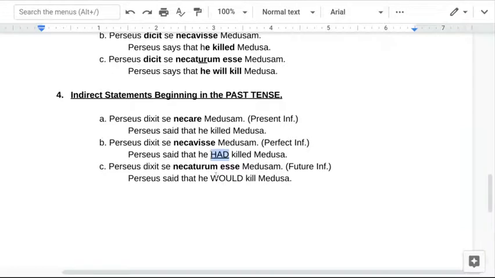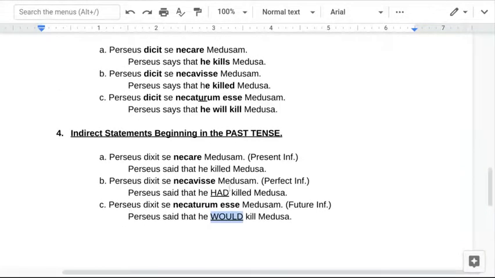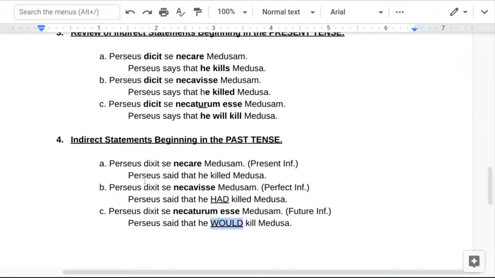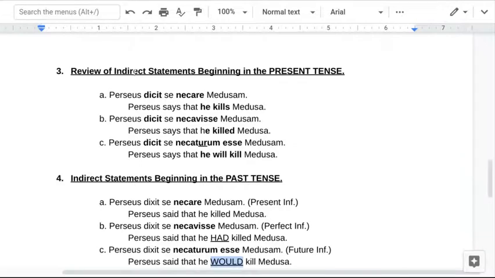All right, so I'll obviously upload these notes. This will turn into an Edpuzzle that you will answer questions to. But indirect statements essentially translate in six different ways: three ways when you begin in the present tense, and three ways when you begin in the past tense.